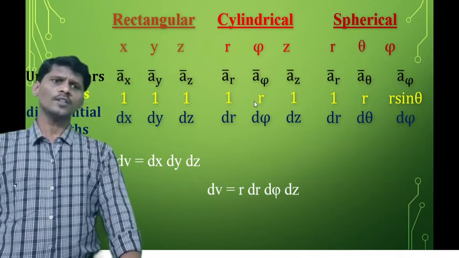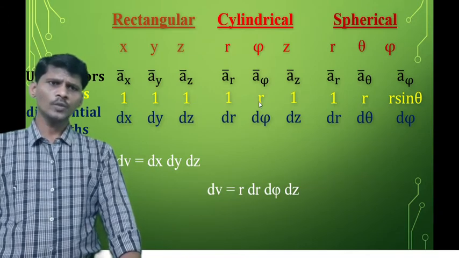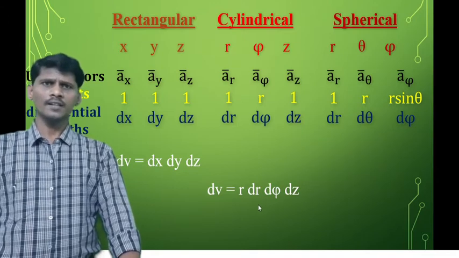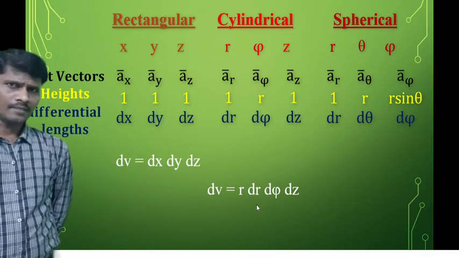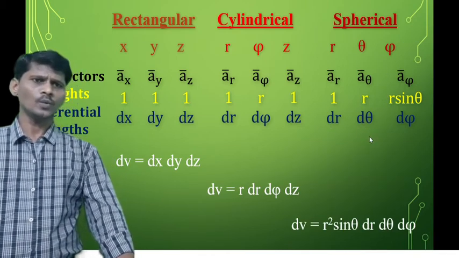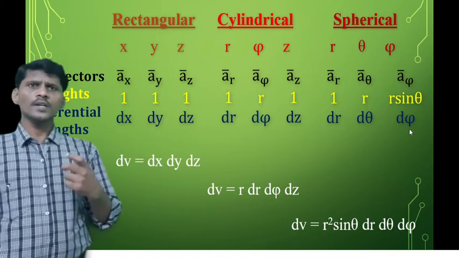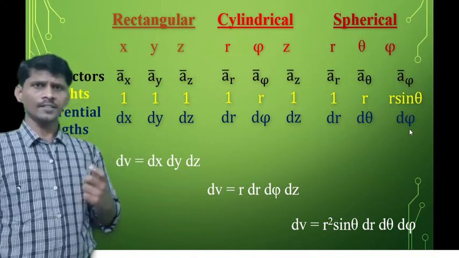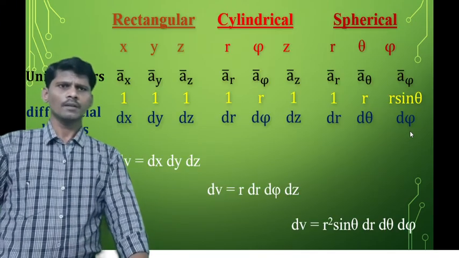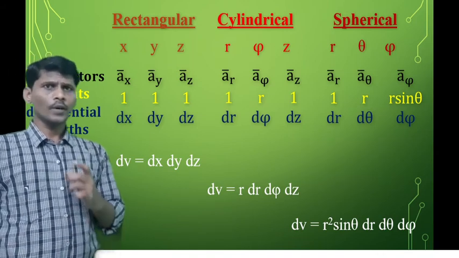In cylindrical coordinate system, dV is equal 1 dr into r dphi into 1 dz. Therefore, r dr dphi dz. And in spherical coordinate system, 1 dr into r dtheta into r sin theta dphi. Therefore, r square sin theta dr dtheta dphi. So these are the differential volumes. This is the concept of coordinate systems.